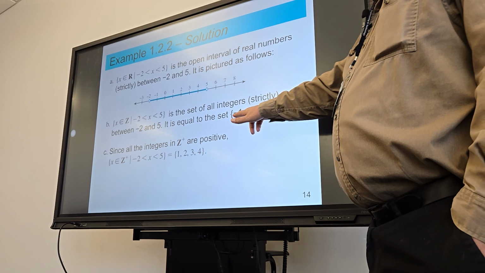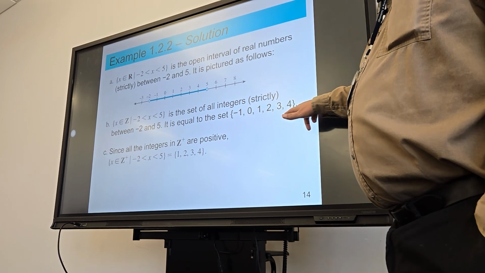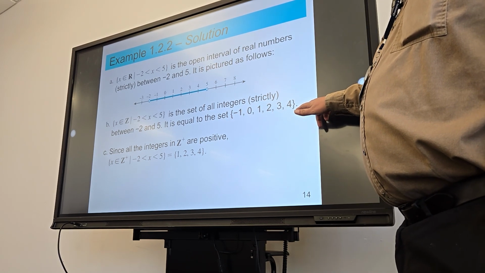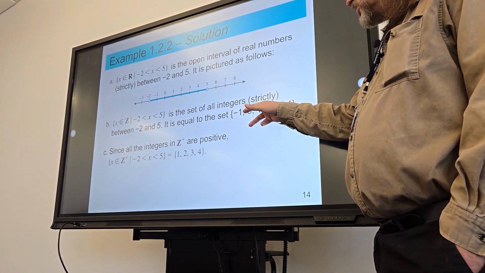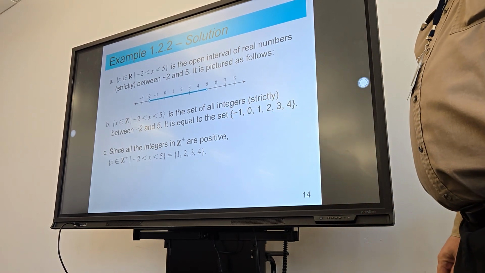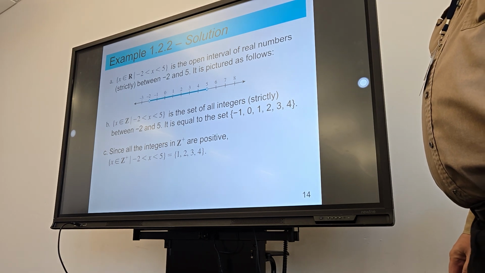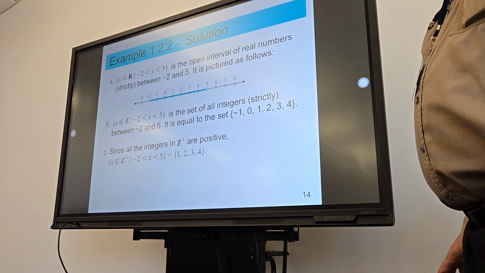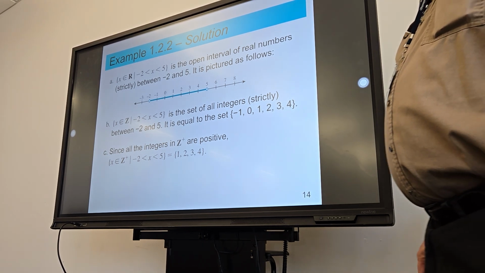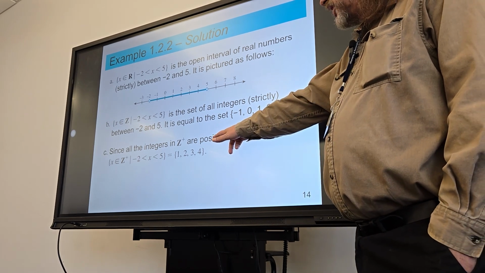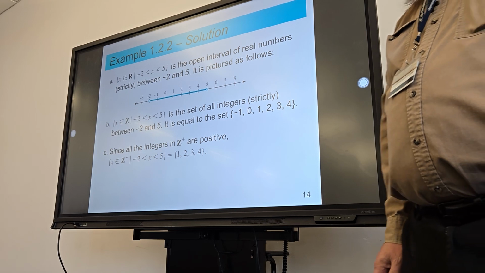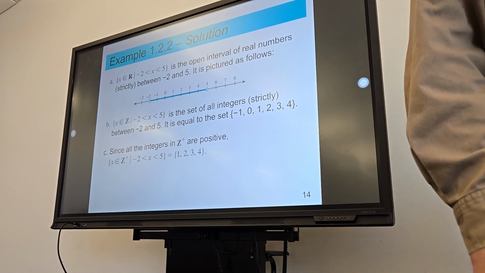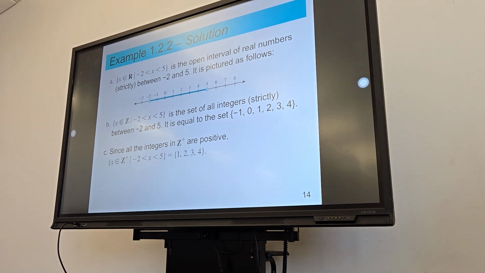This is the notation for B: the curly brace, -1, comma 0, comma 1, comma 2, comma 3, comma 4. And then Z plus: 1, 2, 3, 4. Pretty simple stuff. It's just a matter of learning the symbols.